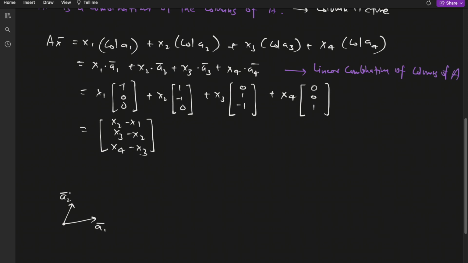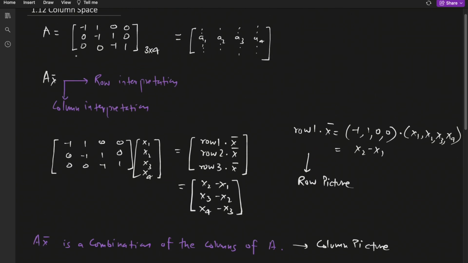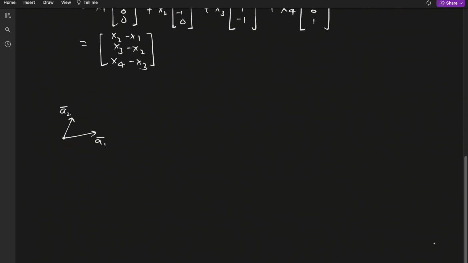Now let us suppose we combine these two columns such that 2A1 plus A2. We take the linear combination of the first two columns of matrix A.